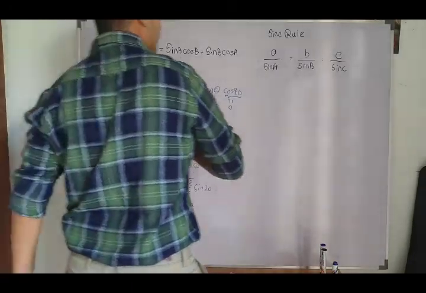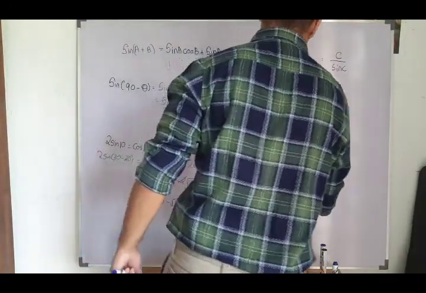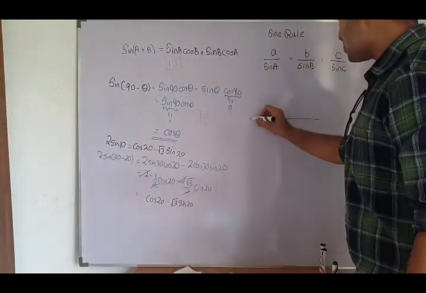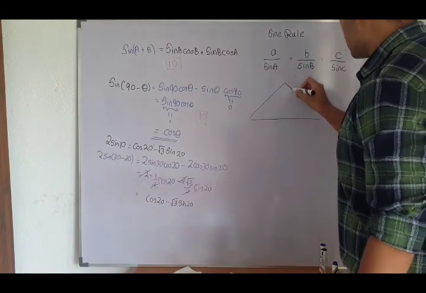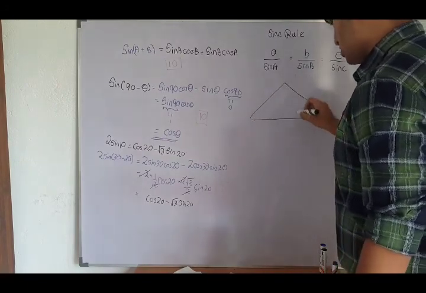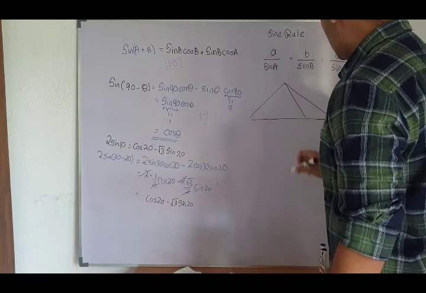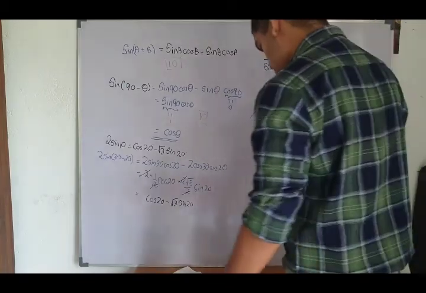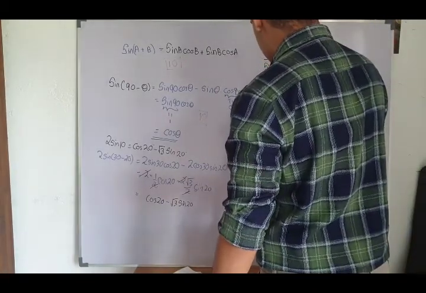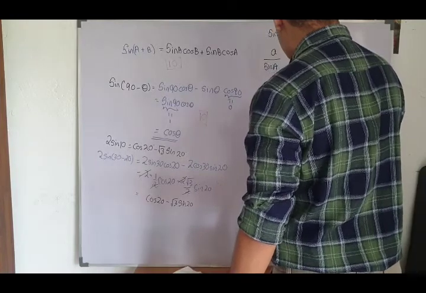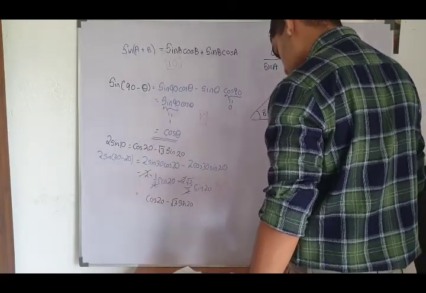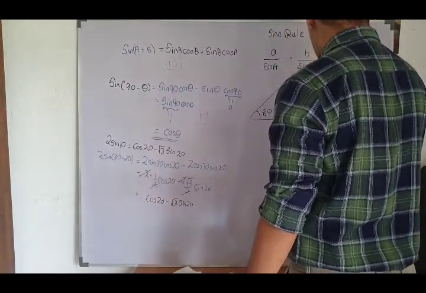So now if I draw the triangle, this is 80, this is going to be alpha, this is given as 20, right?